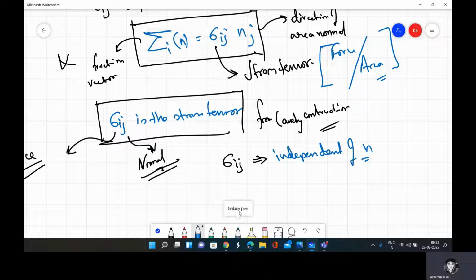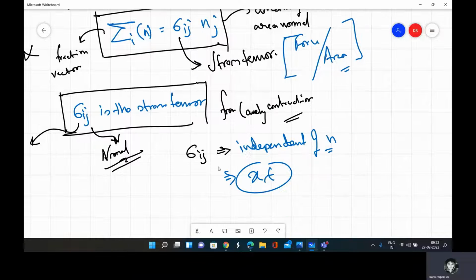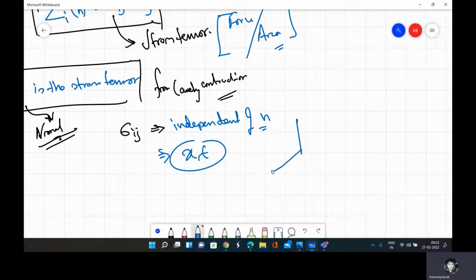and also it is fixed for a particular x and t. Let me draw the Cauchy construction again, the tetrahedron element. Let's consider this as a fluid element at x and t. Here x is the overall space domain x, y, z, and t is the time domain. So consider that fluid element at a particular space and time with specified x and t.